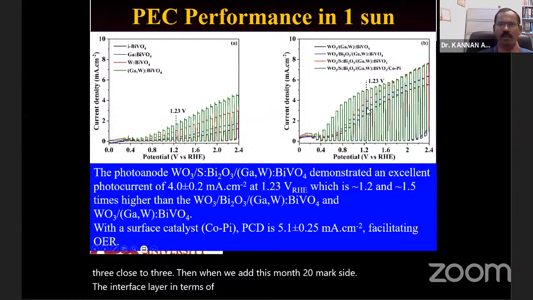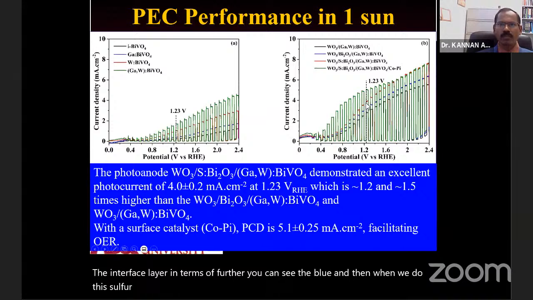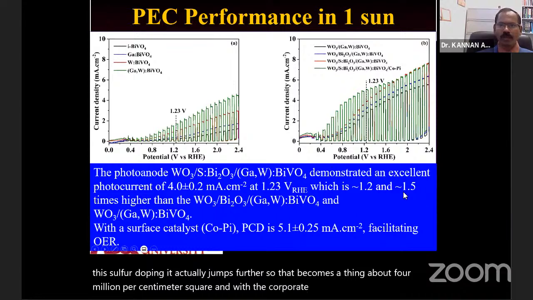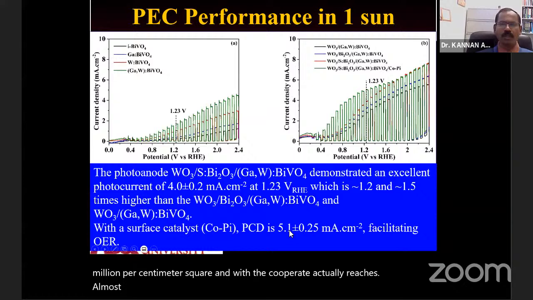You can see the blue. And then when we do this sulfur doping, it jumps further. So that becomes, I think, about 4 milliamp per centimeter square. And with the copper, it reaches almost 5 milliamp per centimeter square.